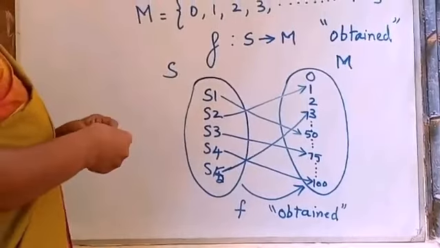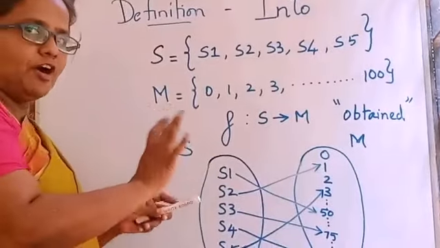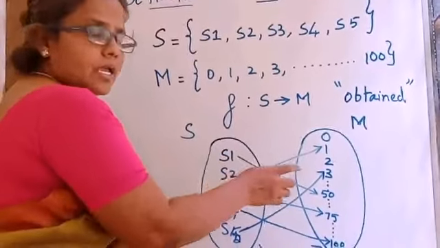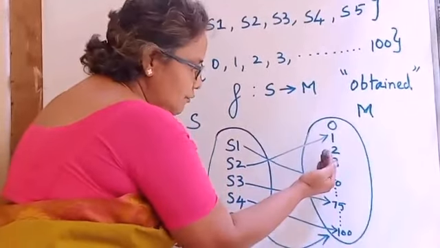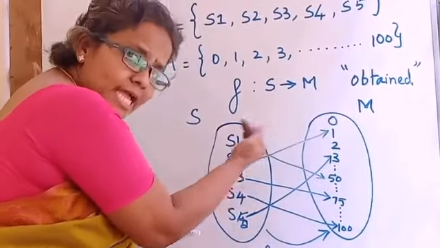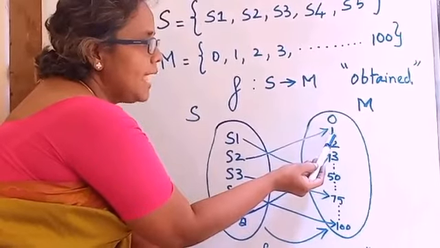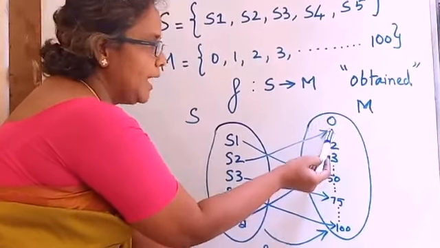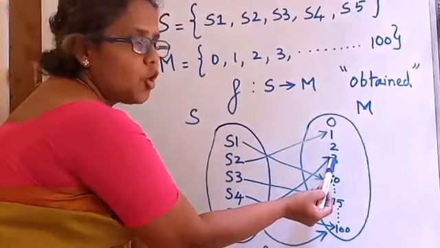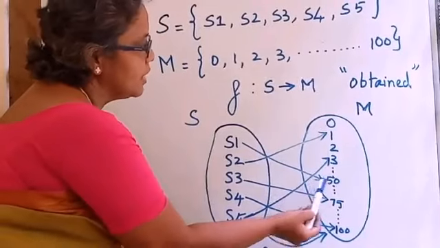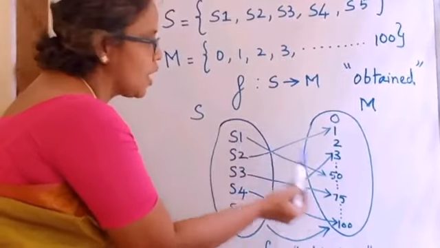Shall we define it? What does an into function say? It is a function, and there are some elements in the codomain which do not have a pre-image. According to this example, the element 1 in the codomain has a pre-image S2. Element 3 has a pre-image S5. Element 50 has a pre-image S1.